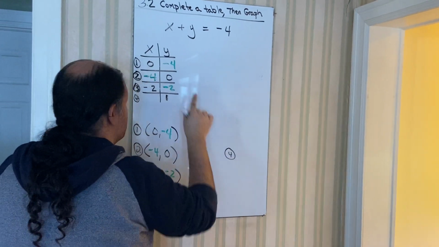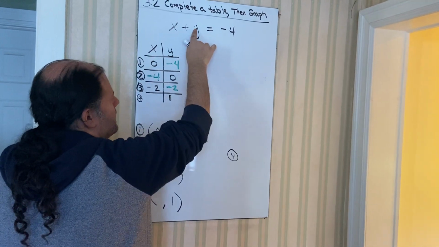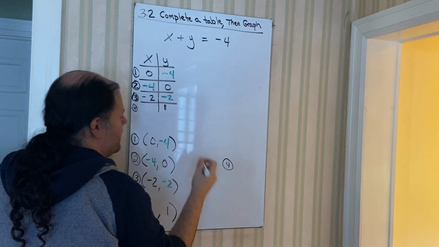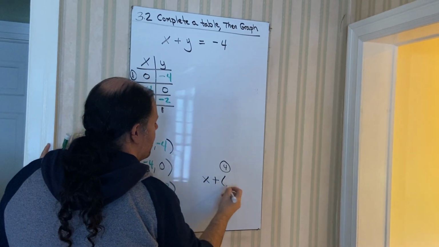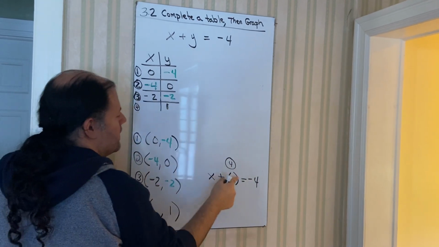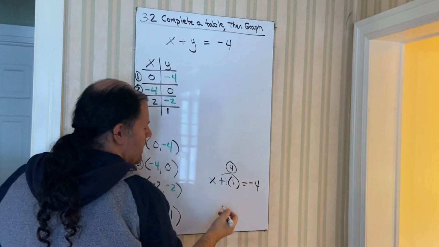So for here, we're going to use the same equation, but notice they gave us y, so that has to be parentheses. X, I don't know what to plug in, so keep it as the letter. We're going to plug in that it's a 1.